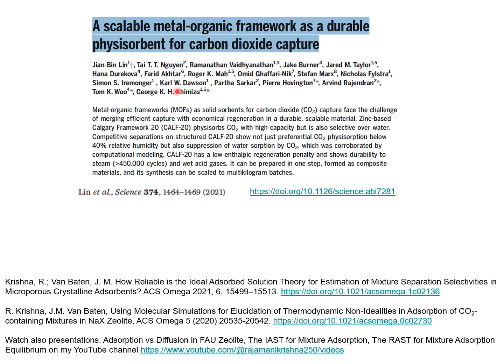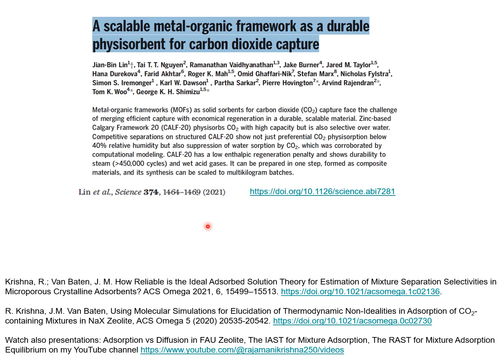The paper by Shimizu and co-workers, published in Science in 2021, describes the efficacy of a zinc-based Calgary Framework 20, dubbed CAF 20, that is capable of CO2 capture from humid gases.